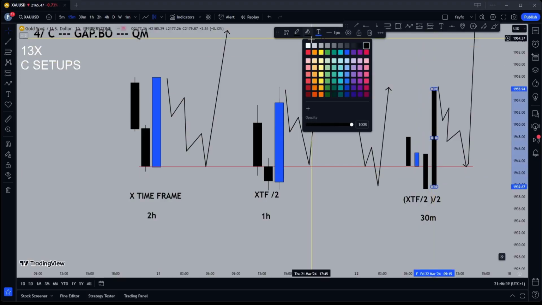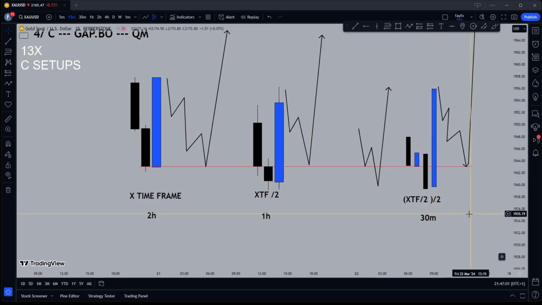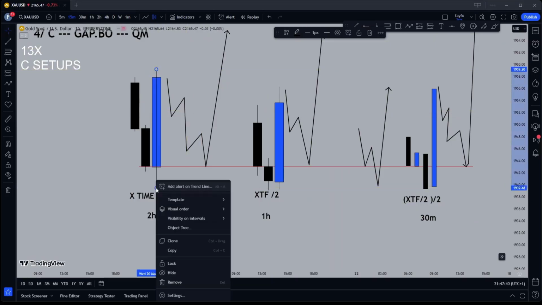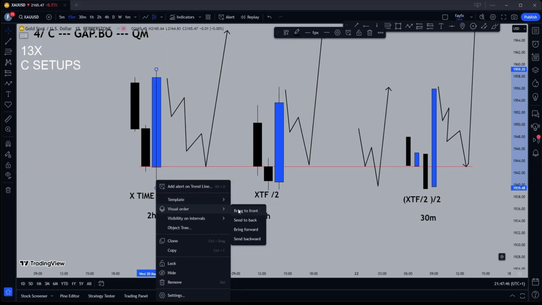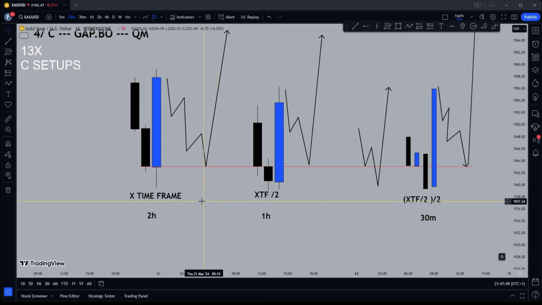Actually, this is bullish. This is the classic setups.